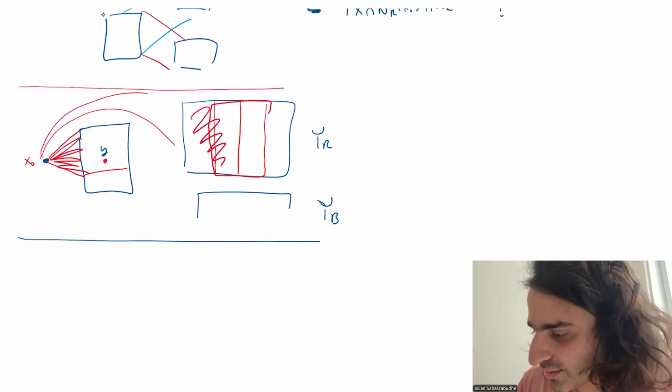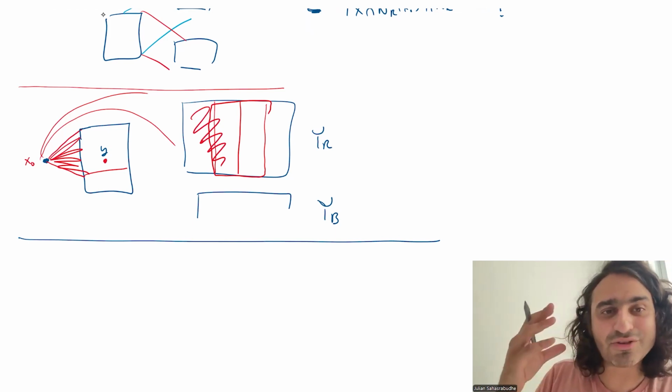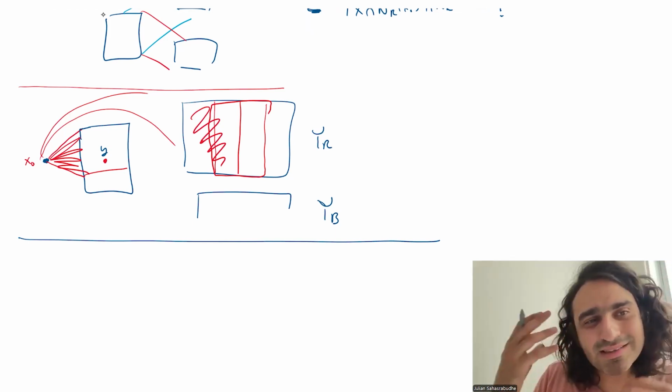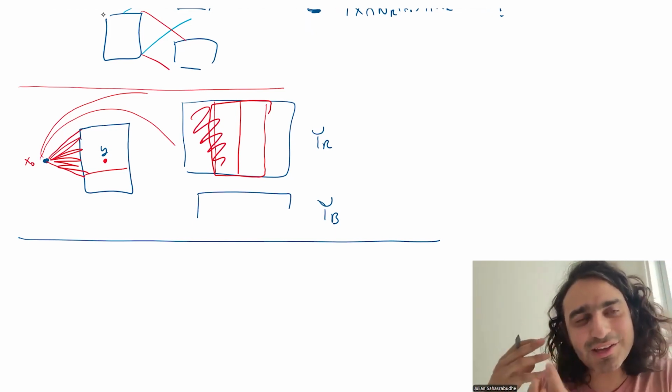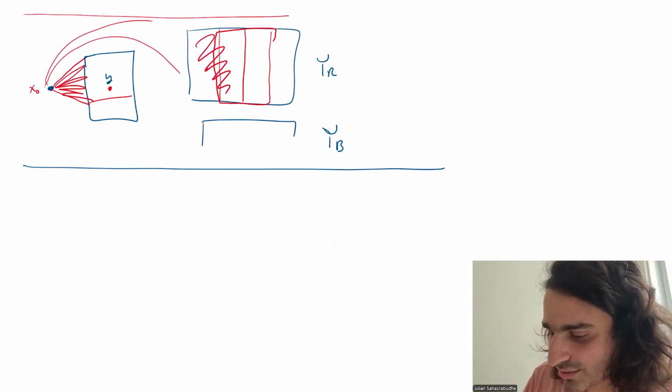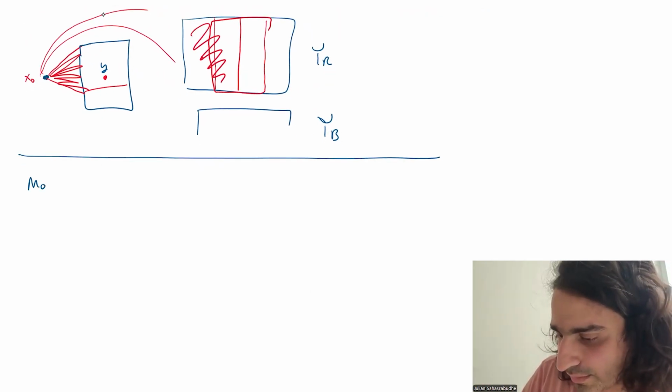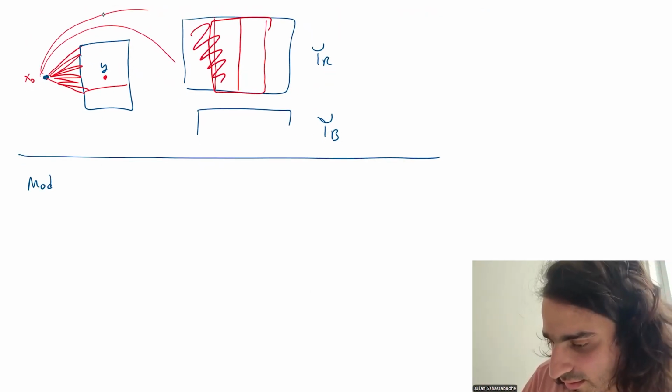So what I'd like to do is phrase this as a geometric problem, to get our geometric intuition going. So here's our model problem.